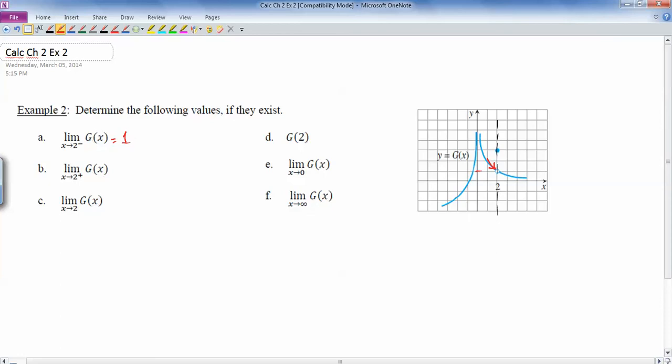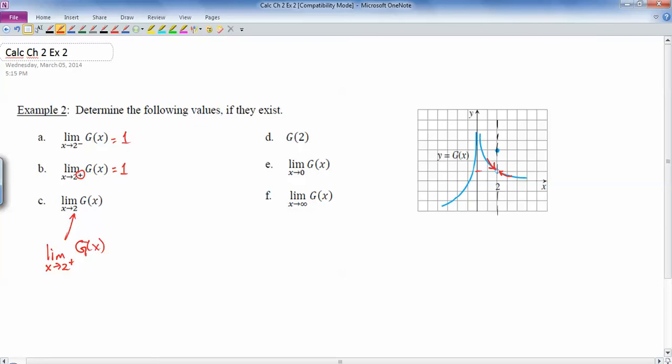And as we get close to 2 from the right side, which is what B's asking, so as we get close to x equals 2 on the right side, the y value is also close to 1. Let's see, and as we get close to 2 in general, so this thing means limit as x goes to 2 from the right side.